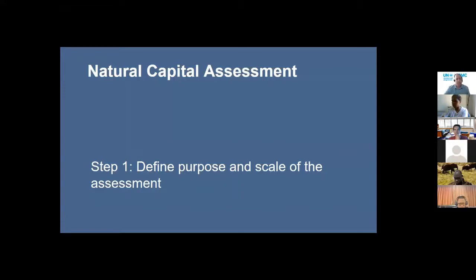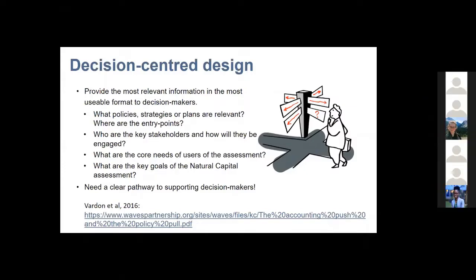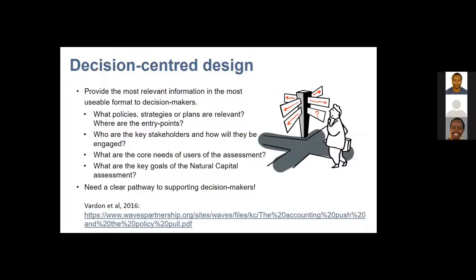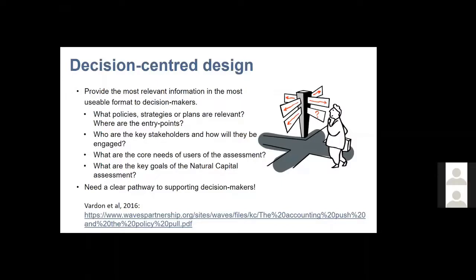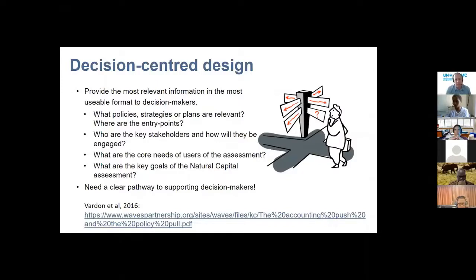So step one, defining the purpose and scale of the assessment. Here we're trying to acknowledge this important point around decision-centered design. This is a really important part of the natural capital assessment process. I think traditionally there's been a supply-side oriented approach to doing these kinds of assessments, which have tended to reflect the technical interests of those producing the assessment.